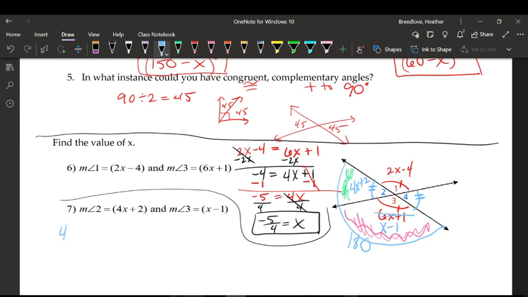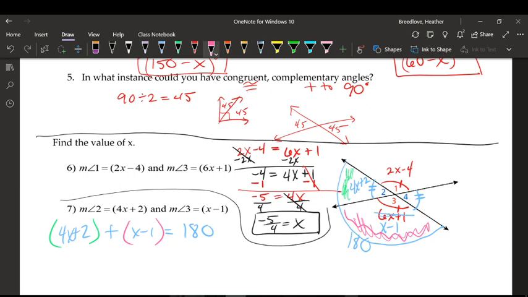So 4x plus 2 plus x minus 1 equals 180. So the green one plus the pink one equals 180.